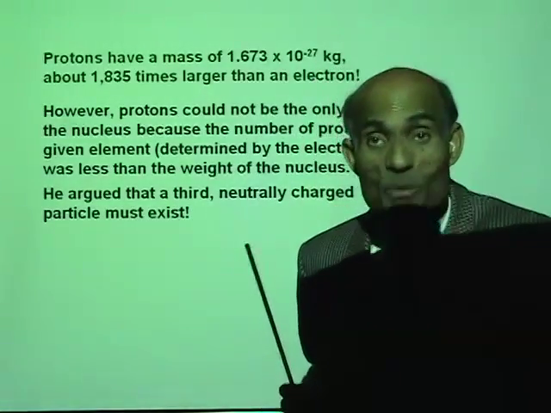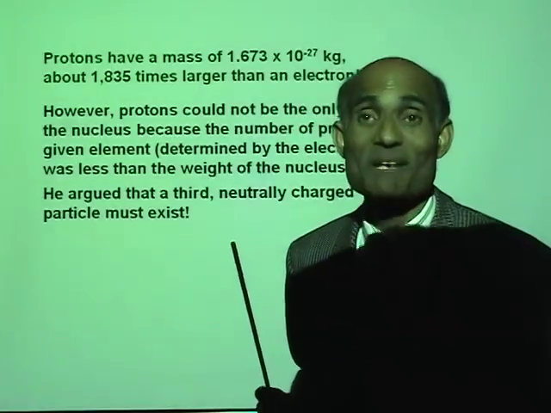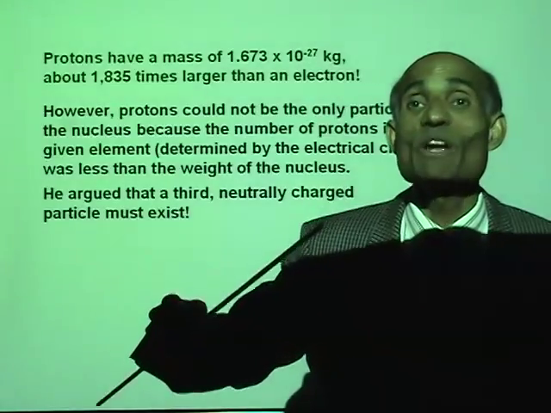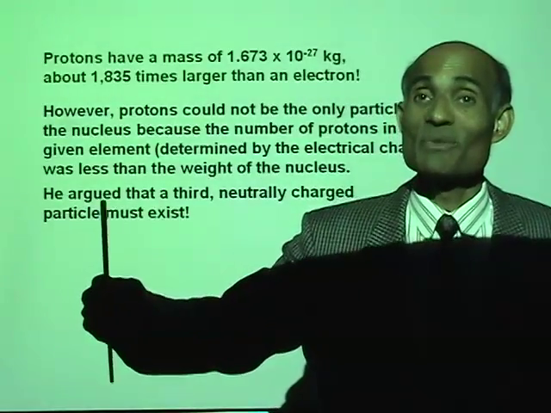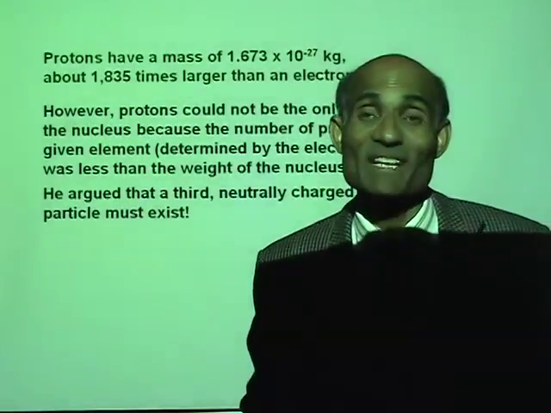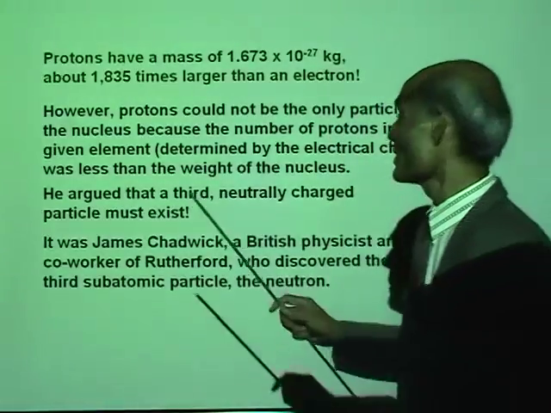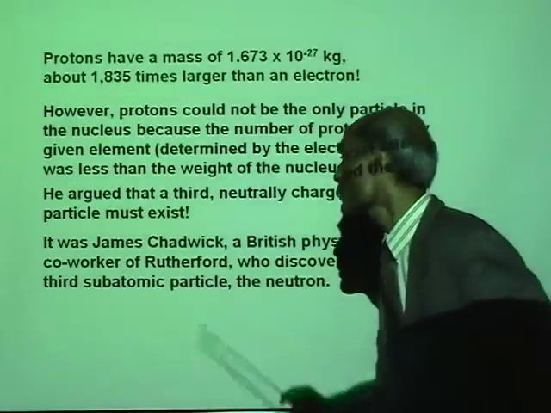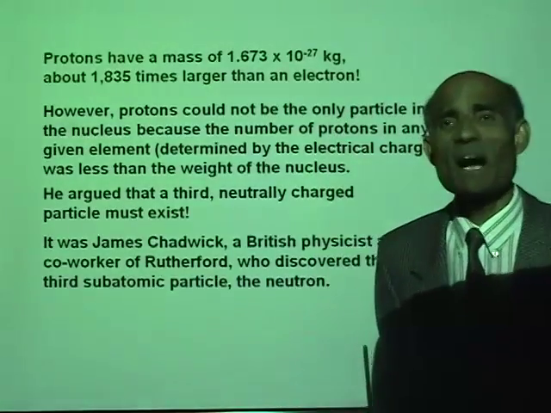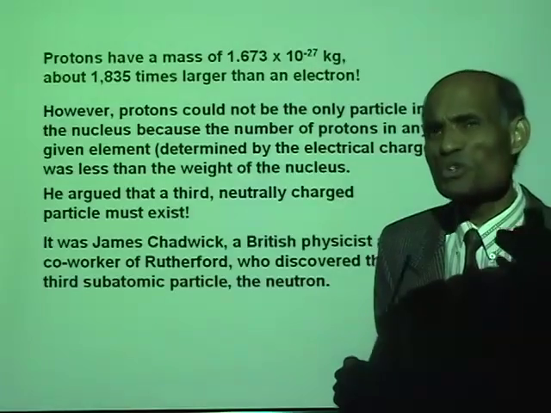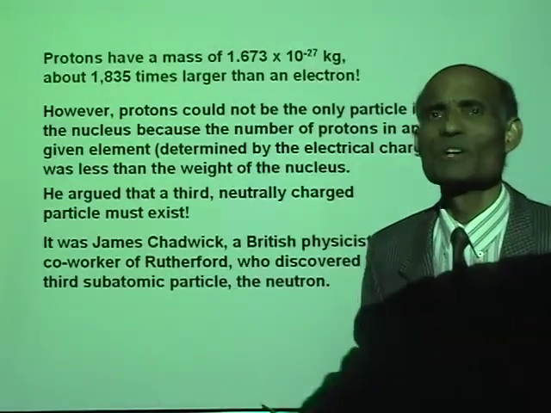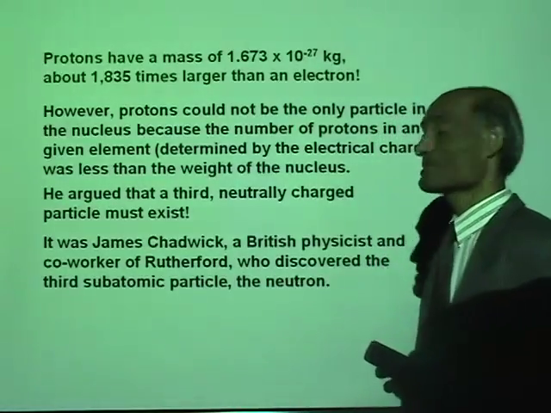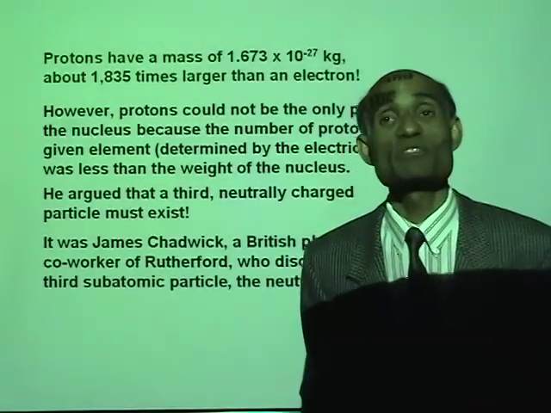Rutherford made that argument, but he did not discover that particle. The credit for discovering that particle went to his assistant Chadwick, who was given a Nobel Prize for it in 1935. So it was James Chadwick, a British physicist and a co-worker of Rutherford. In fact, it's not good to say a co-worker. He was an assistant working in the lab who discovered the third subatomic particle, which is the neutron.